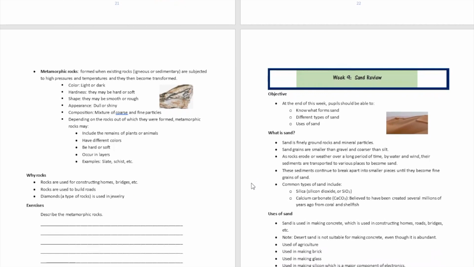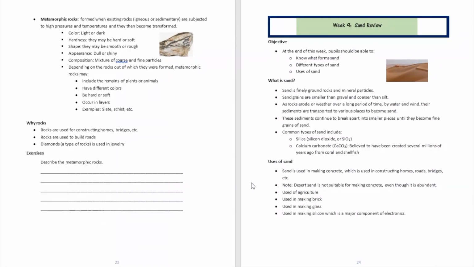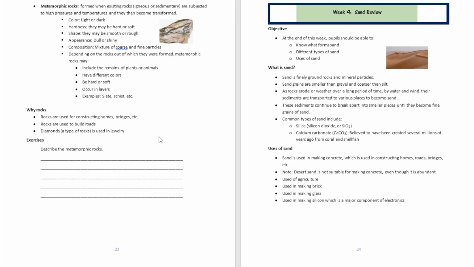Alright, so the third type of rocks will be called metamorphic rocks, which are formed when existing rocks, igneous or sedimentary, are subject to high pressures and temperatures, and they then become transformed. And what happens to them when they become transformed? Well, you're going to see the color start to change a little bit. If it was dark before, it's going to be lighter.